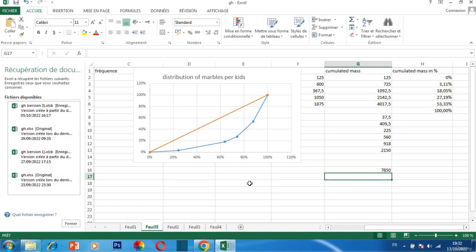So to calculate the Gini index, let's call here the Gini index.